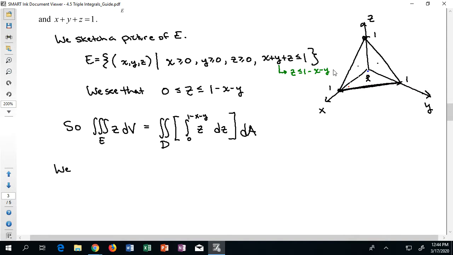So I'll say we then project E into the xy plane and find D. Again, I'm trying to find the floor that I'm walking on.